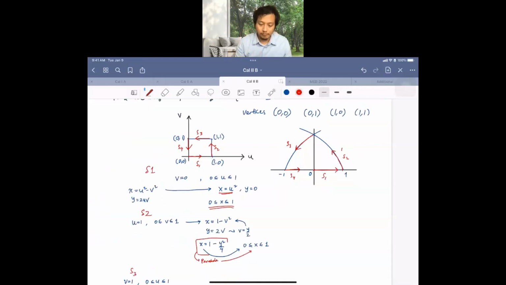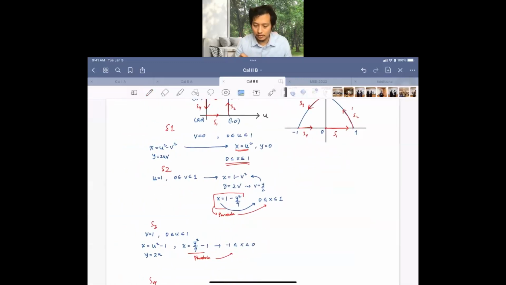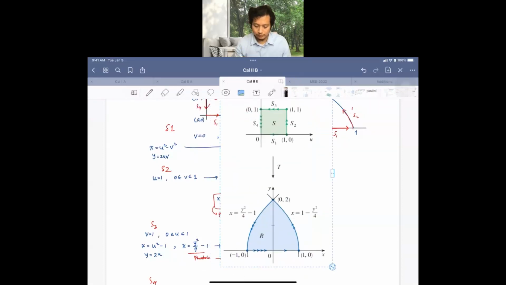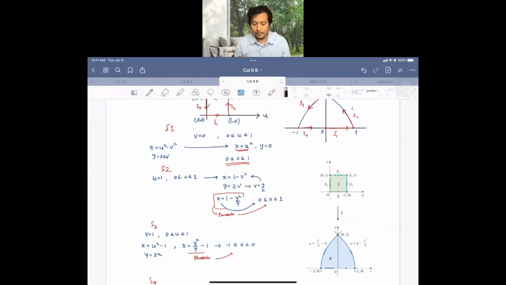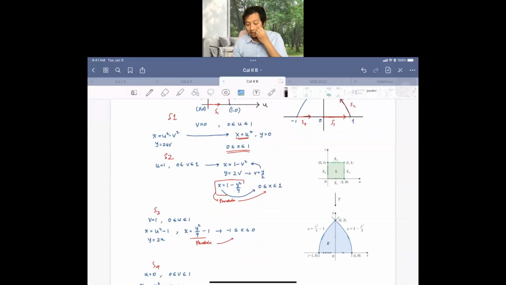Or maybe I will just take the results directly. Okay, that's how we are going to have the transformations.